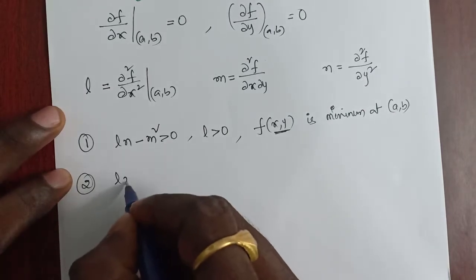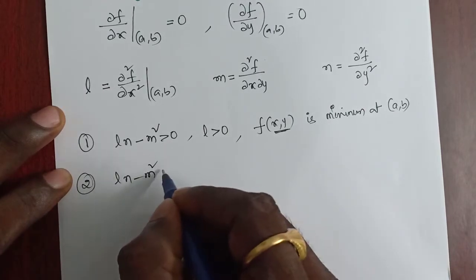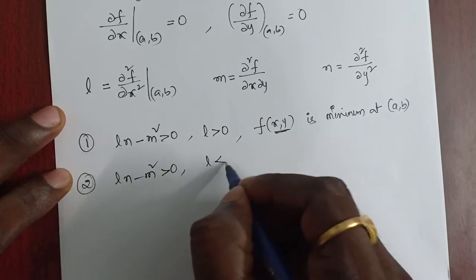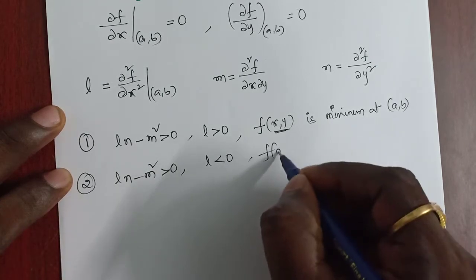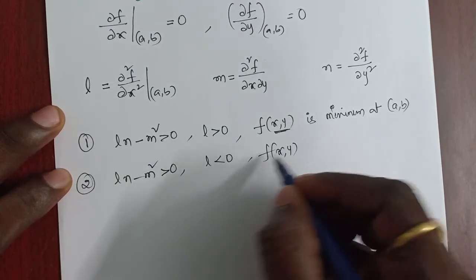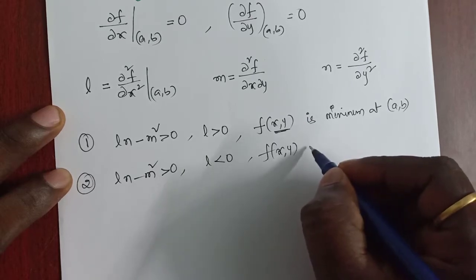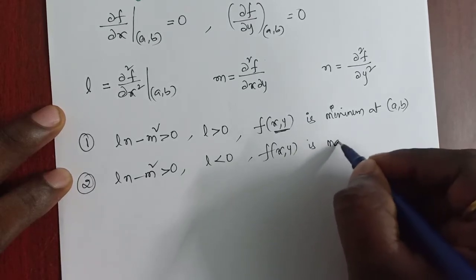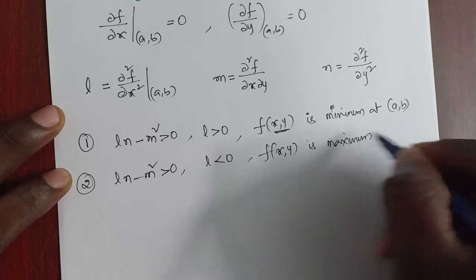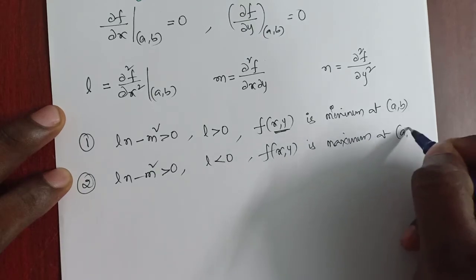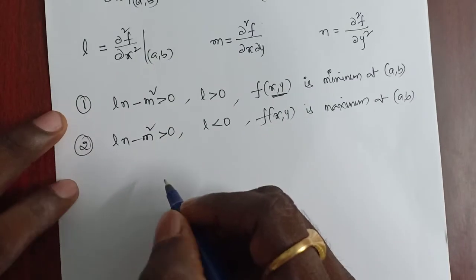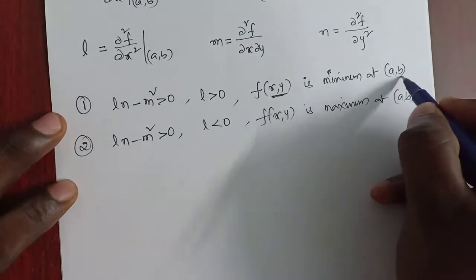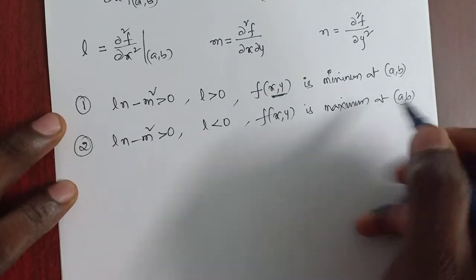Coming to the second one, if LN minus M² is greater than 0 and L is less than 0, then the function is maximum at (a, b). And what is the minimum value? f(a, b). What is the maximum value? f(a, b).